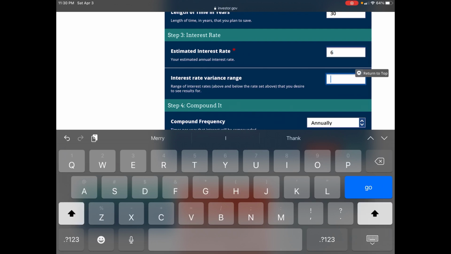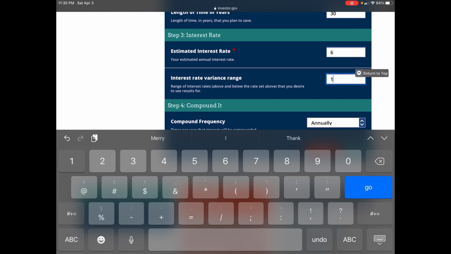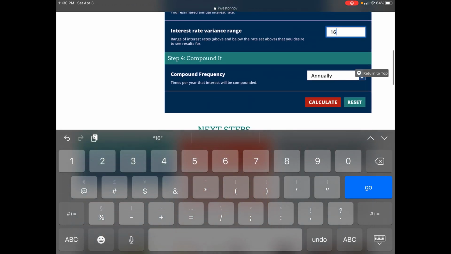Let's just say, for example, 10. Oh no, let's say 20. Let's make it really hard. 20% interest rate, and then the lowest that you might have is like a 4 or a 5. So then I would say our variance rate would be 16%. Let's just try that, okay?